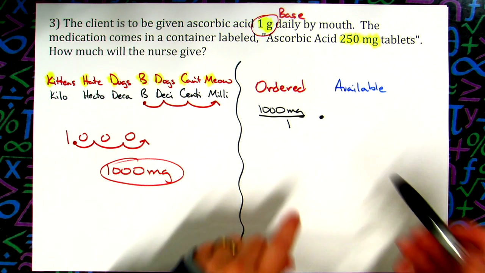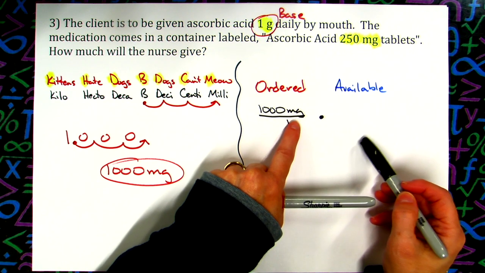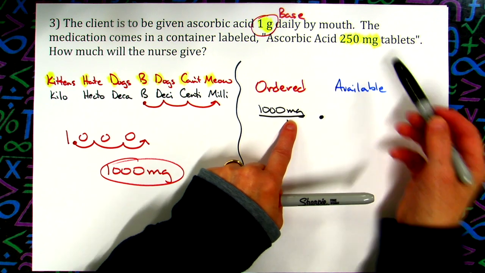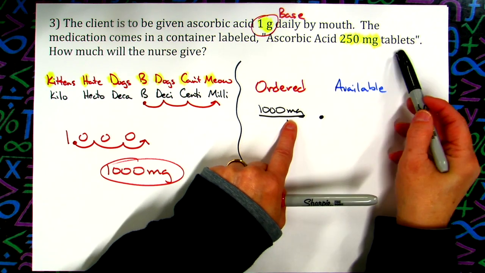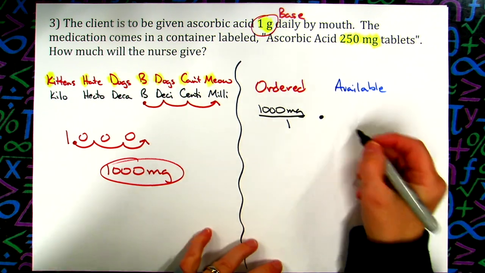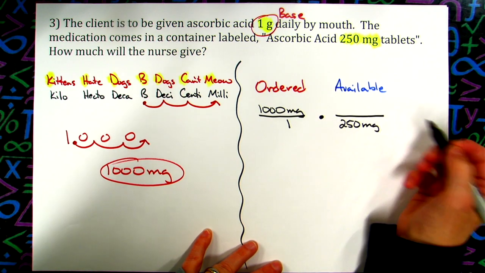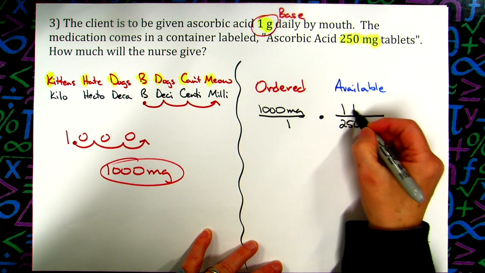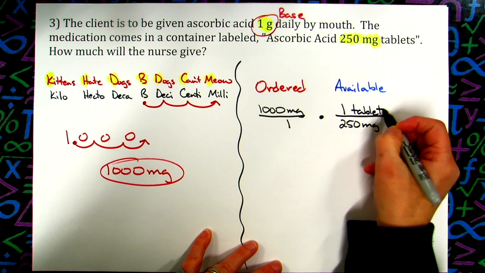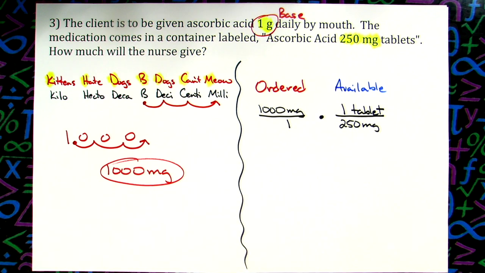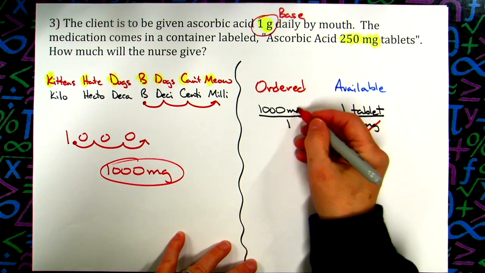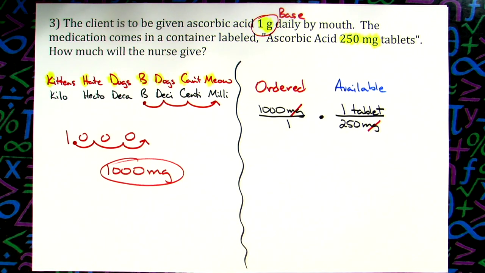Now again, I want the milligrams to cross out. So since they're 250 milligram tablets, the way I'm going to write this is I'm going to put that 250 milligrams on the bottom, and then for a label I'm going to say 1 tablet. That way when I cross my milligrams and milligrams out, I still do have a label.